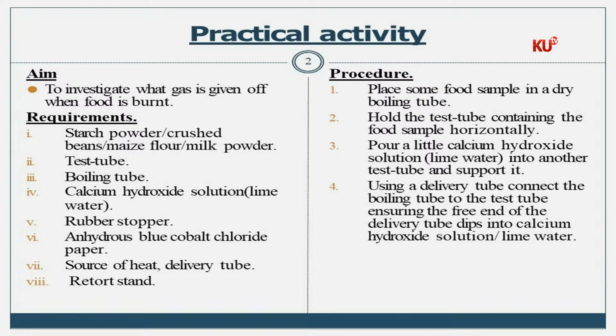Pour a little calcium hydroxide solution, the lime water, in another test tube to support it. Then use the delivery tube connected to the boiling tube, ensuring that the free end of the delivery tube dips into the calcium hydroxide solution.